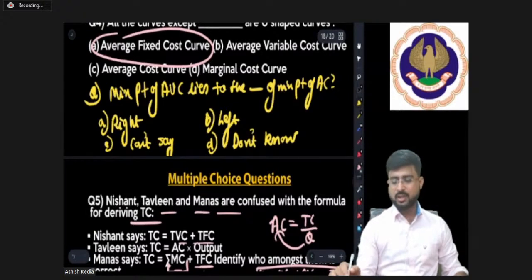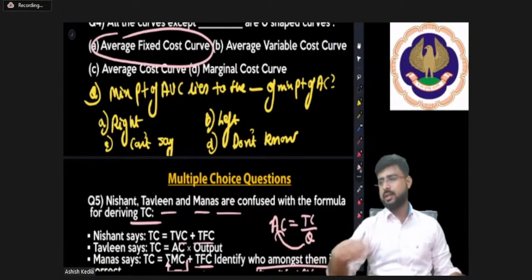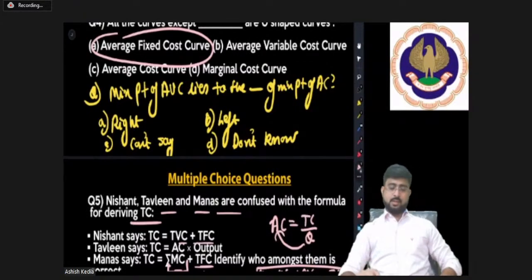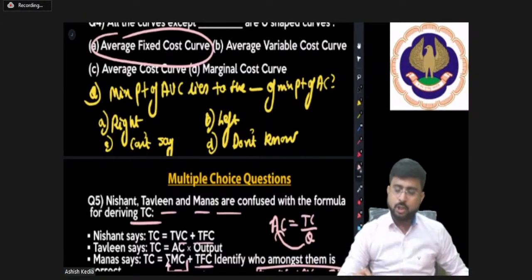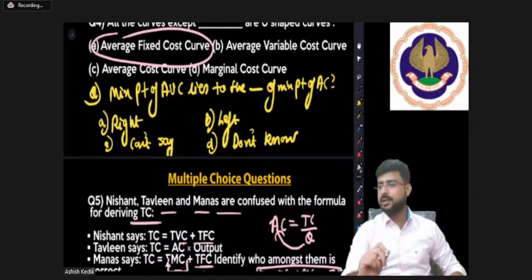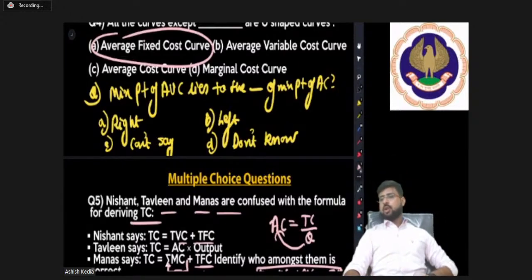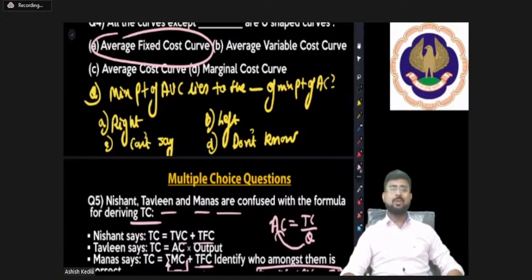What do you think is the correct answer, guys? You have 4 options: right, left, can't say, don't know. Come on everybody. Yes Rahul, your answer is correct, but that is not the option here. Choose among one.